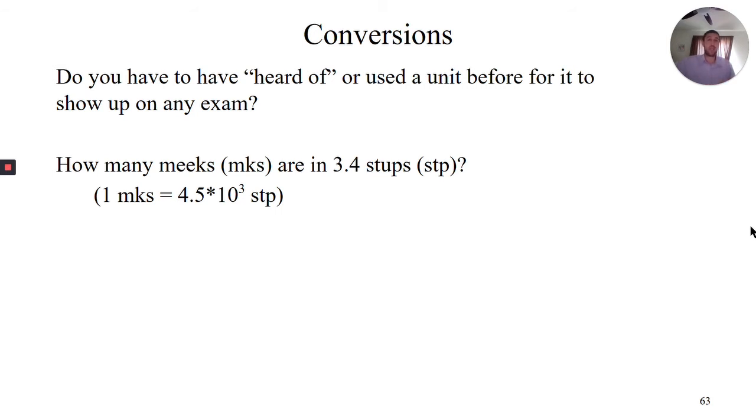Okay? This is a relatively easy one because there's really only 2 potential answers. It's either 3.4 divided by 4.5 times 10 to the third or multiplied by 4.5 times 10 to the third. So 2 answers really become valid, okay? Because it's really only the placement of 1 conversion. That's why we have to be a little bit more careful with our processes, because in that case, it's so easy to just guess and eliminate most of the answers.